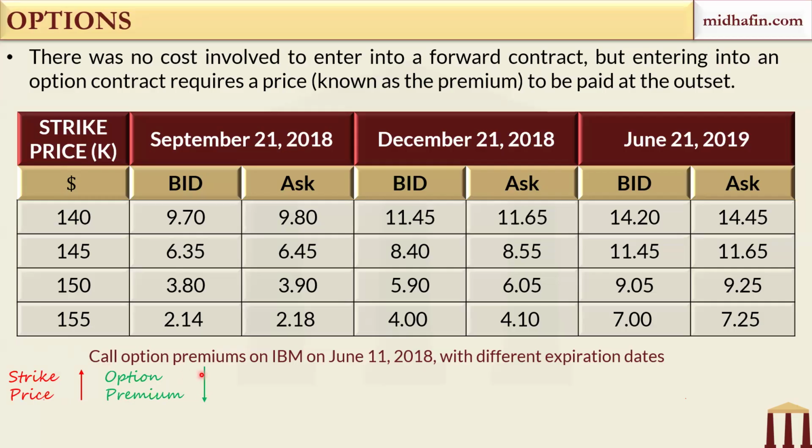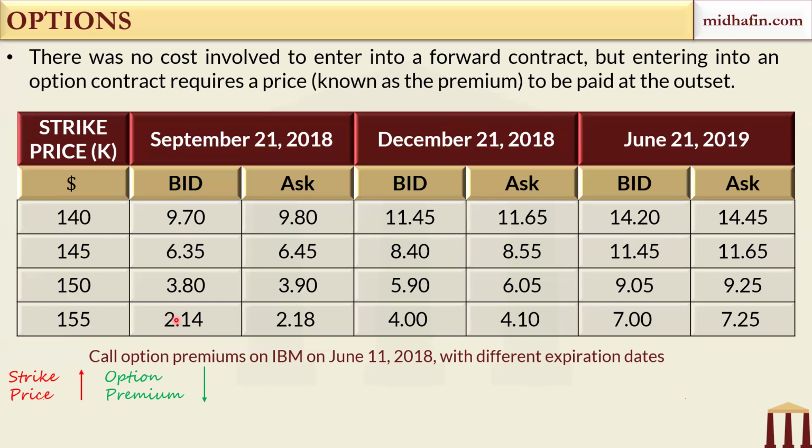For example, at k equal to 140, for the September 21, 2018 expiration, the bid premium is 9.70, whereas at k equal to 155, the bid premium falls to 2.14.